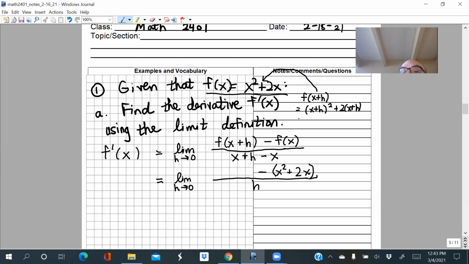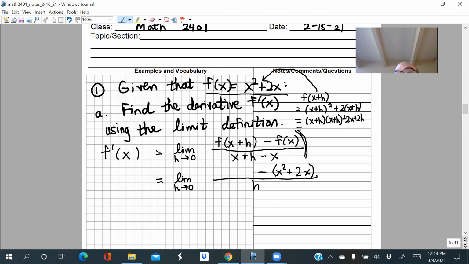Now I have to square x plus h. That means you multiply it by itself. So don't write again x squared plus h squared. And then 2 times (x plus h) is pretty easy, though. You just have to multiply in the 2. So you get 2x plus 2h.